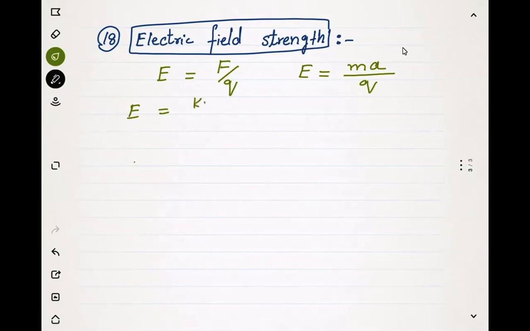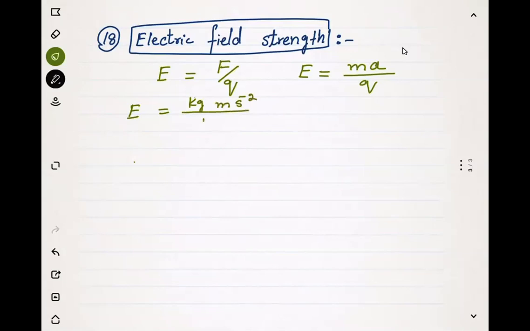MA can be written as kilogram meter second minus 2, over charge, which could be written as current into time. We'll put units together. For MA I will write kilogram. For acceleration I will write meter second minus 2.